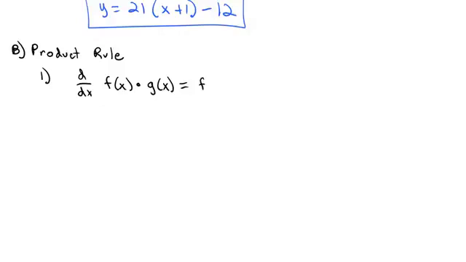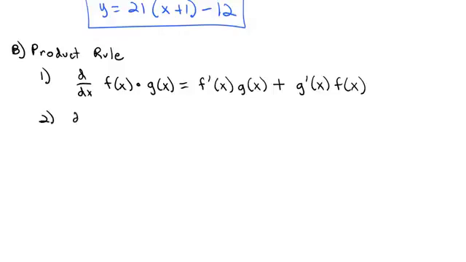What we actually do is the derivative of the first part times the second part plus the derivative of the second part times the first part. So there's two parts to it, and we take the derivative of the first part in the first part, and the derivative of the second part in the second part.